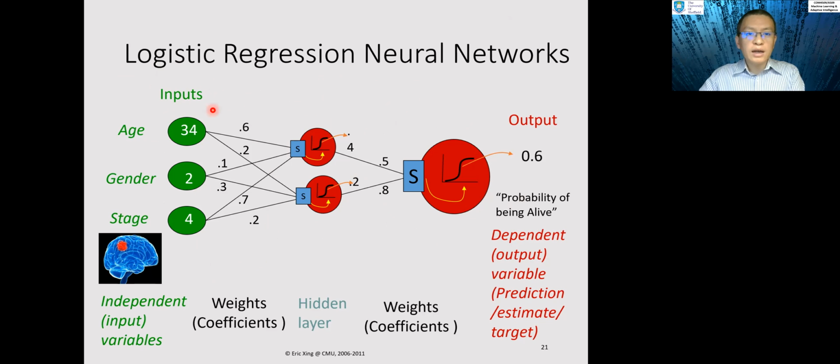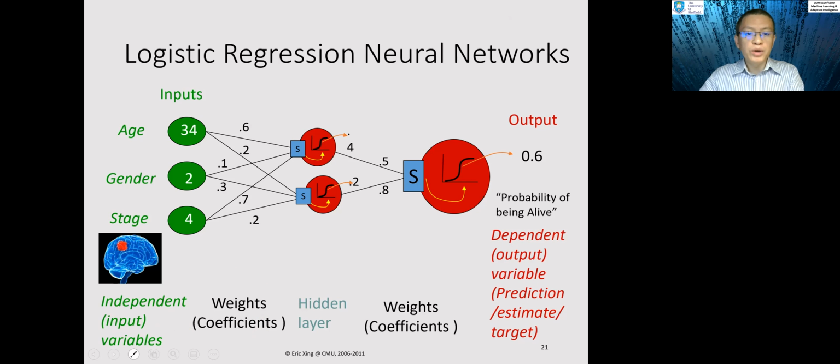Here is an example with three inputs: age, gender, and the stage of, for example, a brain cancer. These are sometimes called independent variables, the input variables.